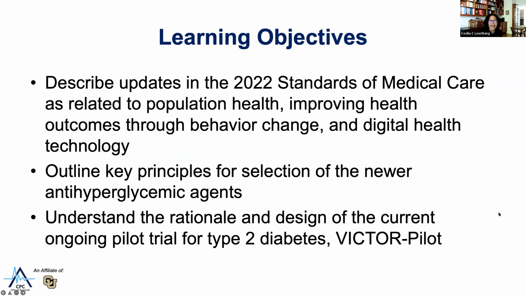The objectives today are to pull out some parts of the standards that are related to population health, improving health outcomes through behavior change, digital health technology, and because the newer medications are such an important part of the way we think about diabetes now, I also have several slides on how to select among the different agents. And then I wanted to go through the rationale and design of our current ongoing pilot trial for type 2 diabetes, the Virta pilot.